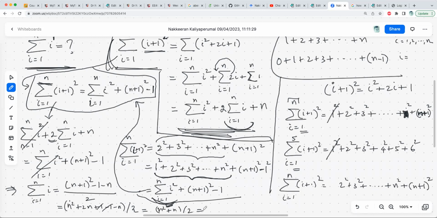So this can be written as n into (n plus 1) divided by 2.